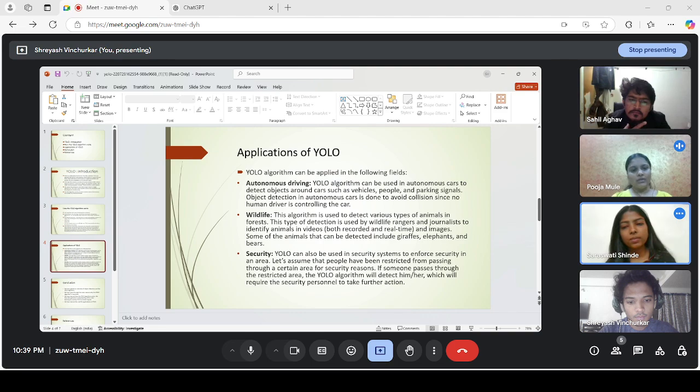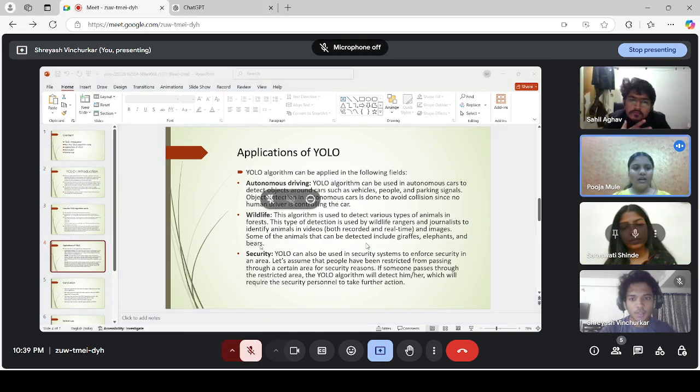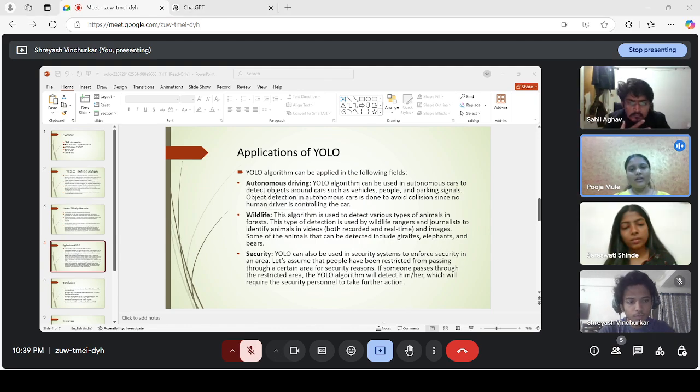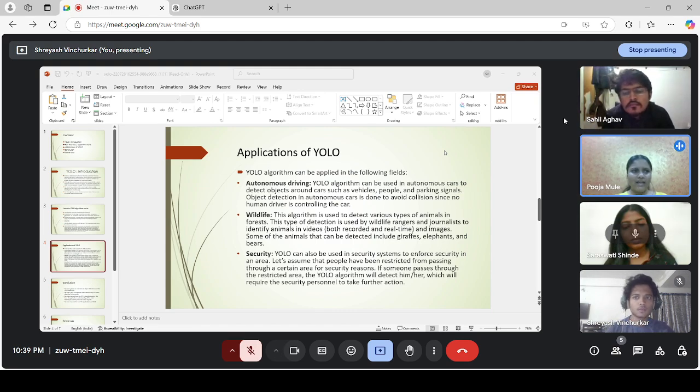So the applications of YOLO are automated driving, wildlife, and security. Basically, in automated driving, the automatic car relies on YOLO to understand the surroundings. Cameras on the car capture real-time images or video, and YOLO processes them to detect objects such as vehicles, pedestrians, traffic, and obstacles, anything that may block the car's path, such as cars or trucks or motor tracks on the road.